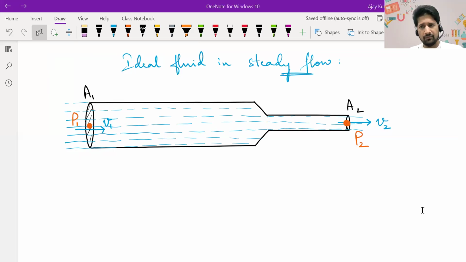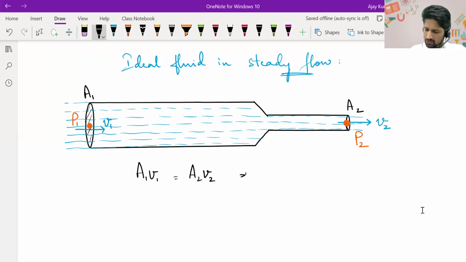V2, sir. V2, definitely. From the equation of continuity, we know that A1 V1 is equal to A2 V2. There's one inlet and one outlet here. So V2 by V1 will be A1 by A2. A1 is greater than A2, so V2 will be more than V1. Where the pipe is narrow, the speed of flow will be greater.